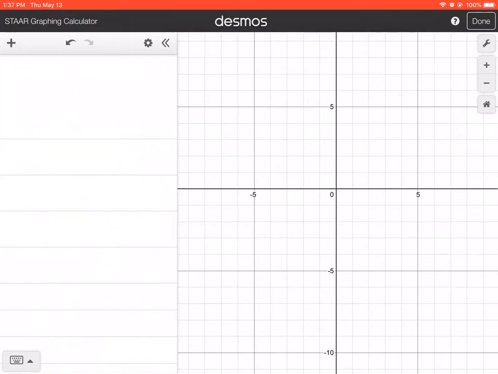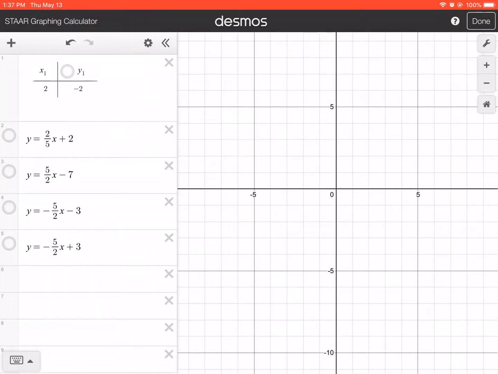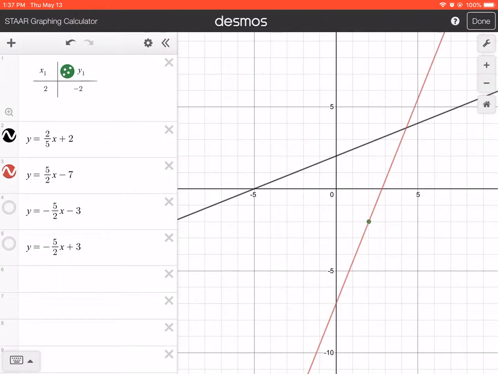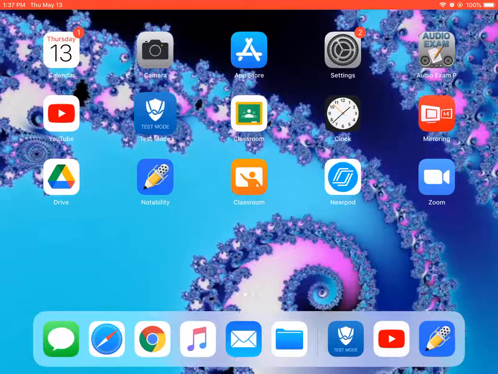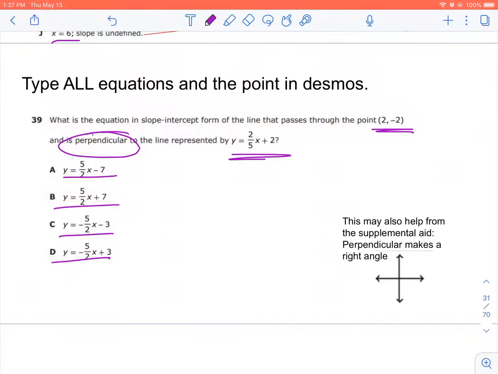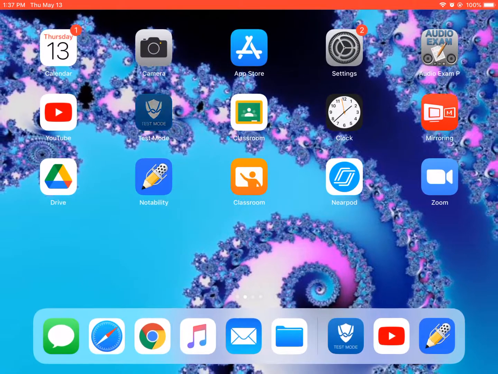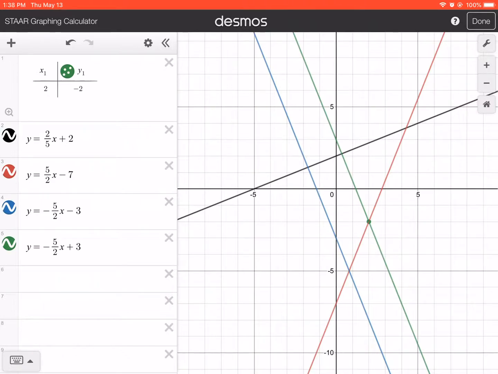I've got a bunch of things typed in, so let me go to where we are. All right, so I'm going to turn on. Please notice that I added the point as a table, and then I'm going to check these one at a time. Oh, I'm missing something. What am I missing? It looks like the equation. So we need y equals 2/5 x plus 2. Okay, there it is.